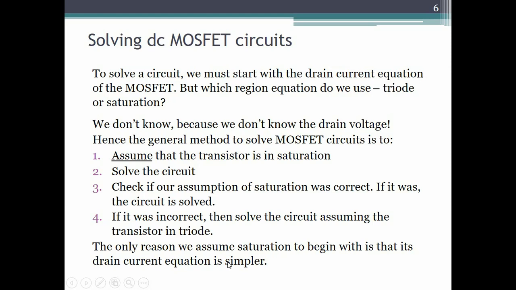Also, in analog circuits, most of the time most of the transistors are in saturation. That is the other reason, especially for analog circuits, to start with saturation. But again, we must check. Checking is absolutely critical. Otherwise, we'll end up with all wrong answers if our assumption is not correct.